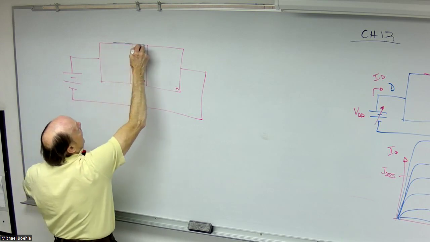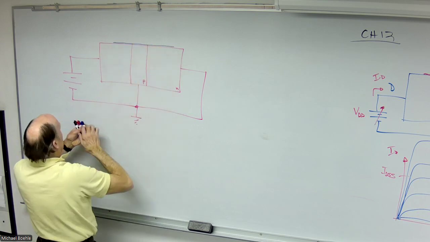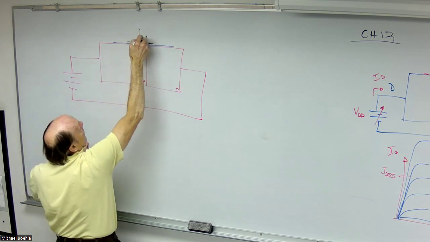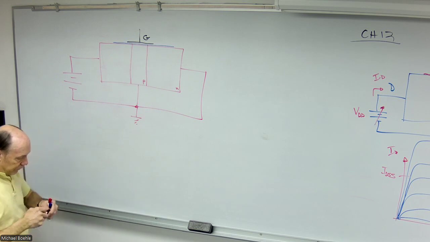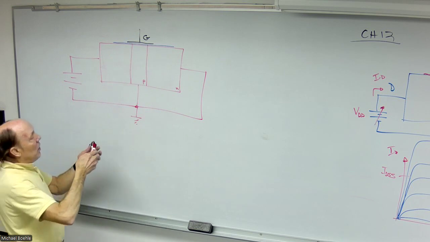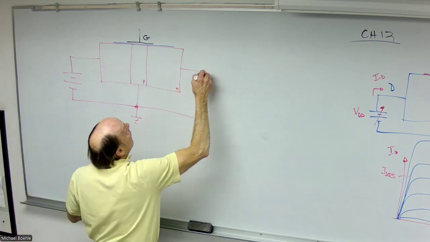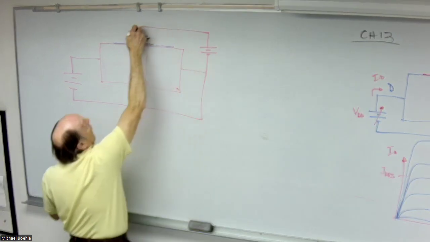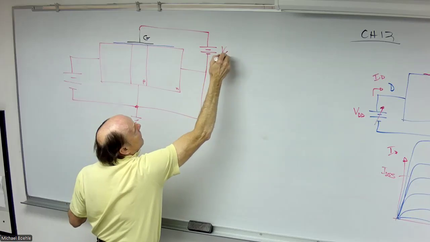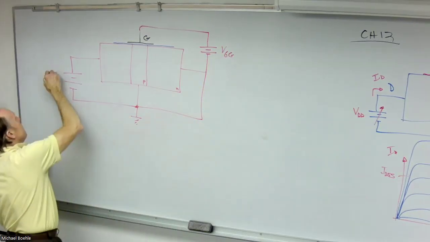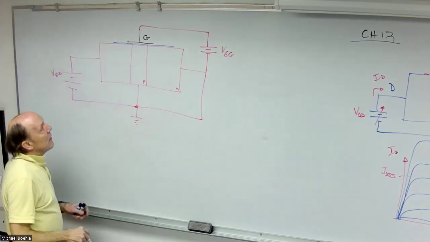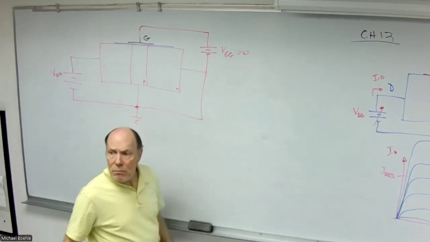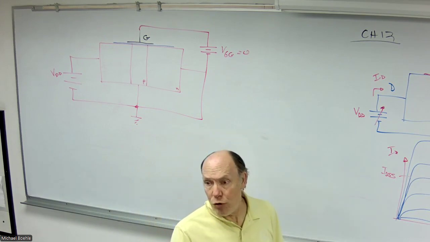Let's take an outside layer. I put some metal on the top of it for my gate. Well, now I'm only going to use a positive gate voltage. And when this gate voltage is initially 0, there is no channel.